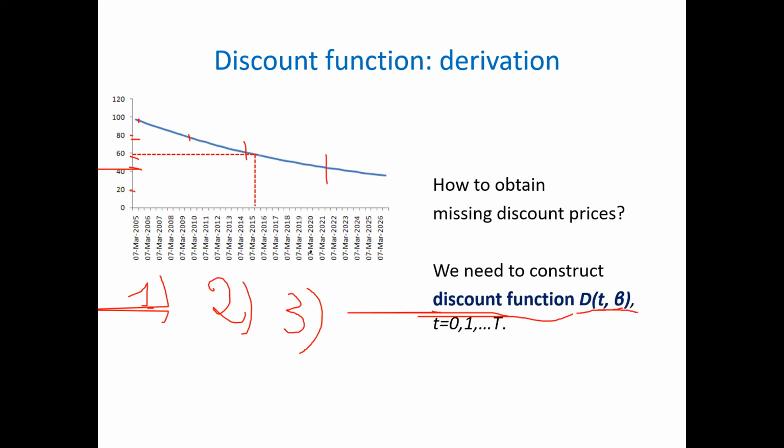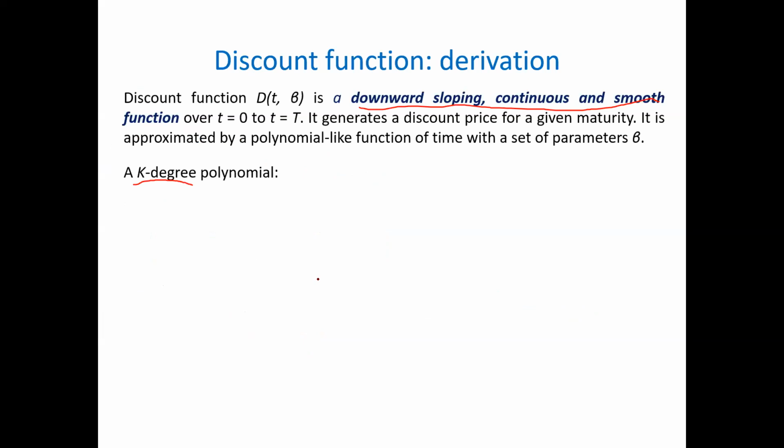So it will be more accurate to describe each segment using polynomials of different degrees. That's going to be a spline function. But we're going to use just one polynomial in order to reconstruct this discount function. This is much easier, and that's just what we can cover today. So we're going to use a k degree polynomial, and this polynomial looks like that.